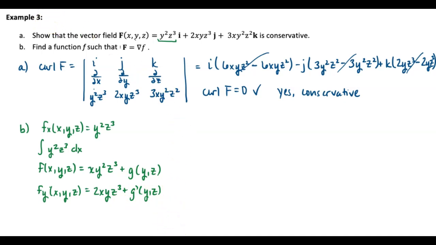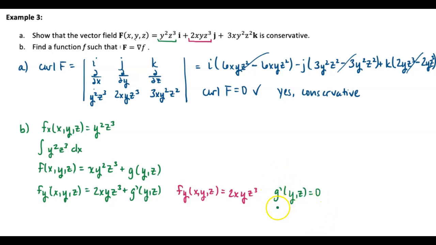Now let's look at this second component here, 2xyz cubed. Because we're given that our partial with respect to y of f(x, y, z) from the problem is 2xyz cubed, by setting these two equations equal to each other, I can see that this g prime of y and z must be equal to 0.